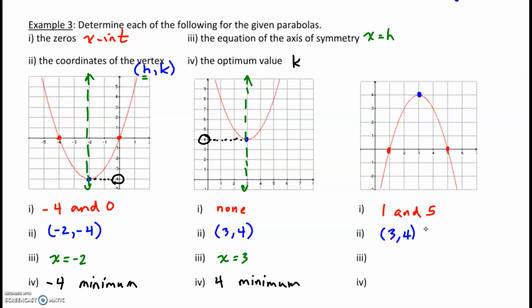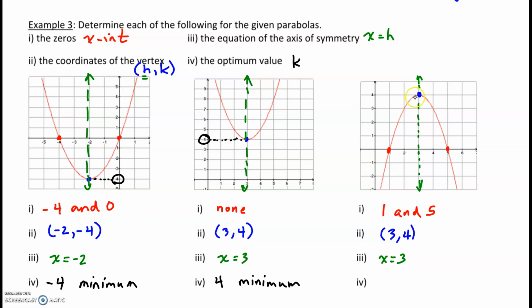So you know what that means. That means that my equation of my axis of symmetry will be the same as well, because it's a vertical line that goes through the x value of the vertex, so x equals 3. And what's the last thing we do? Optimum value.